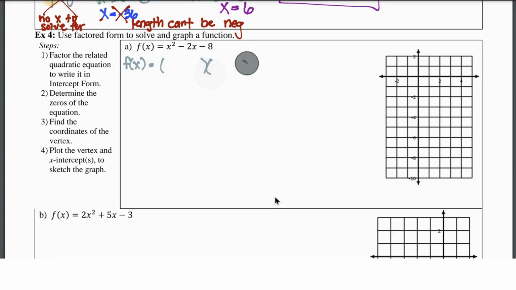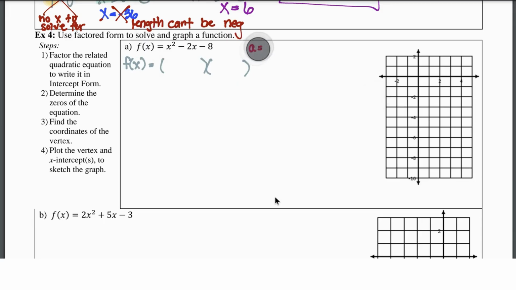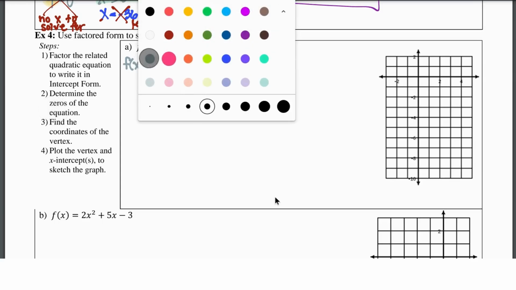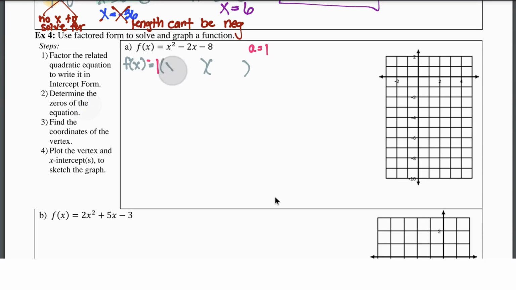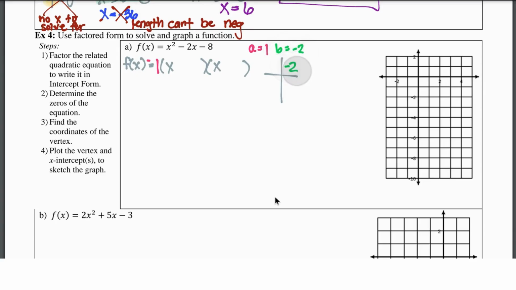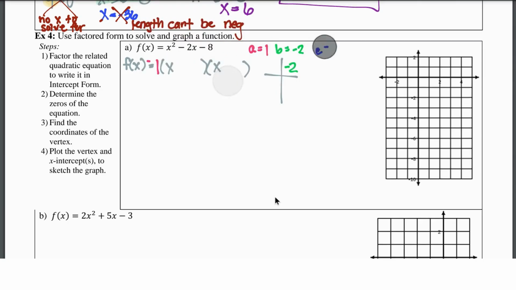Notice that in this problem, a is 1. And so that's nice because that means that in our factored form, a will also be 1. It also means that we don't have a GCF. So when I'm factoring this, I'm just thinking about the product sum table so that I can find two numbers that add to our b, which is -2, and then multiply to c, which is -8.